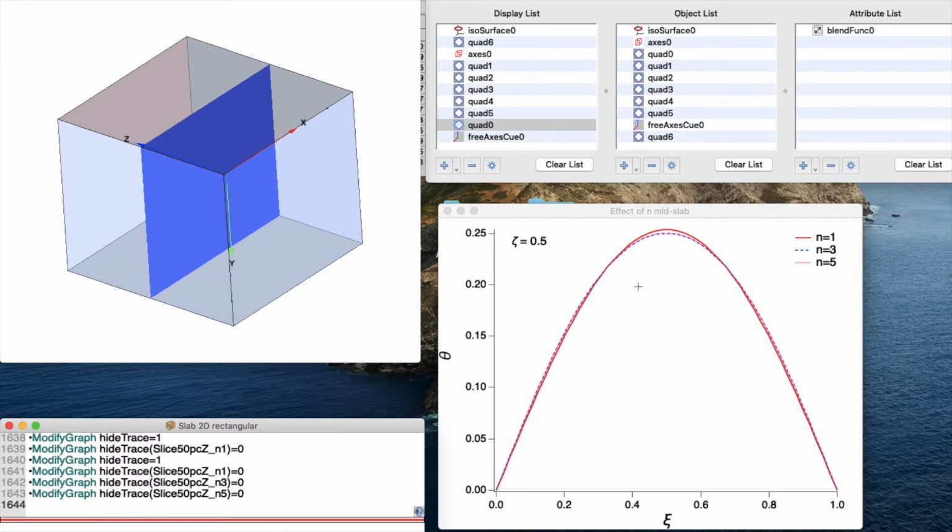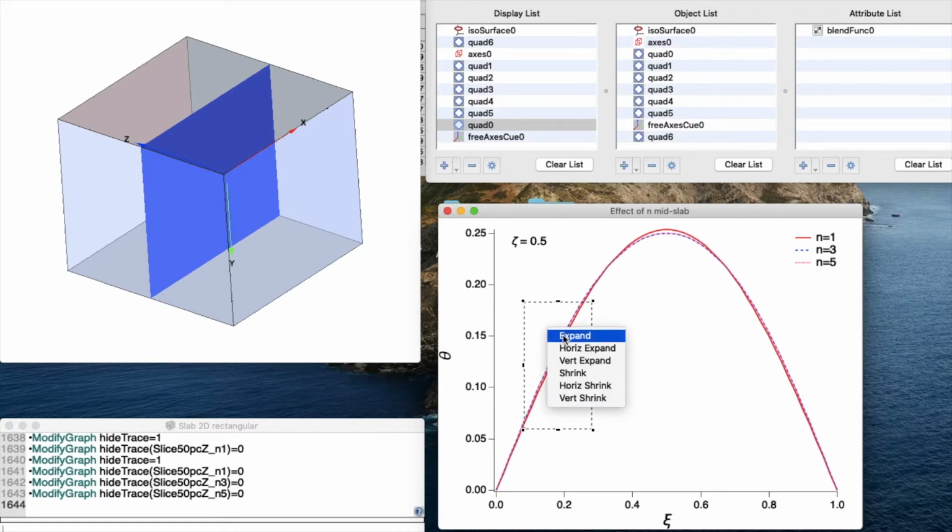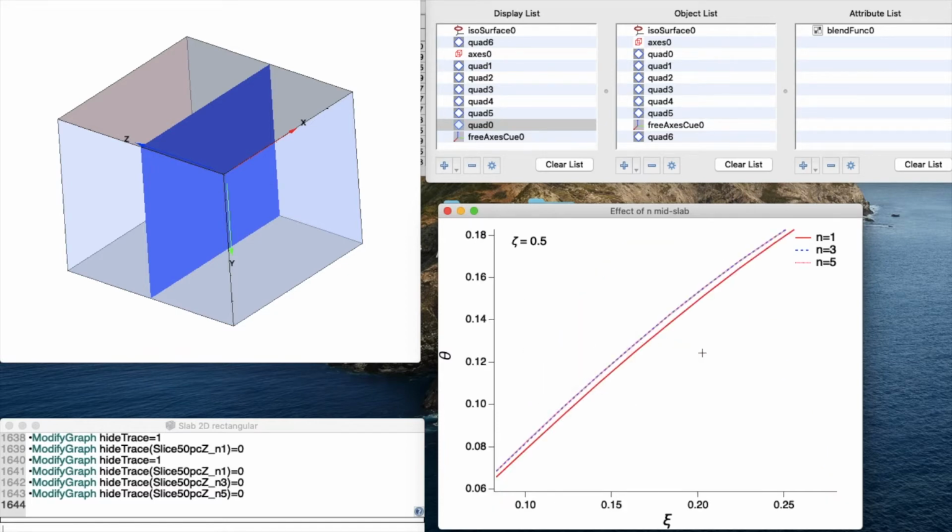And if we do that, we see that there's almost no difference between the index 5 term and the index 3 term, which suggests that actually you don't need a whole lot of terms at this particular z value to get an accurate solution. So I'm just going to expand the curves here, and you see that yes, the n equals 3 and n equals 5 solutions are still overlapping very well.